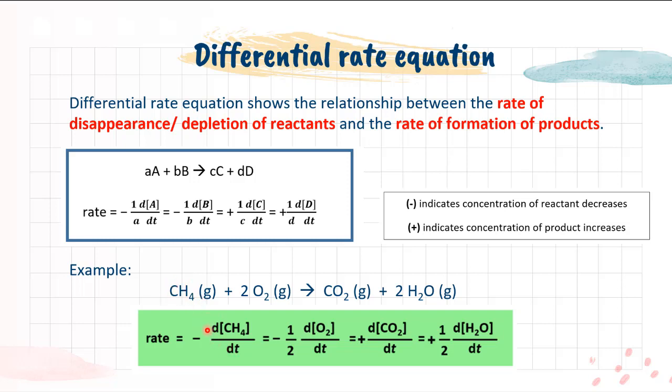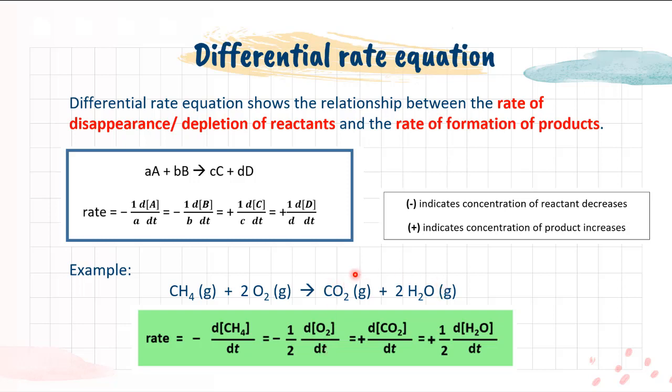Therefore, 1 over 1 equals 1, you don't have to put it inside your differential rate equation. So it becomes negative d[CH4] over dt equals to, for O2, there is a coefficient 2. So this coefficient becomes the denominator. It becomes negative 1 over 2.